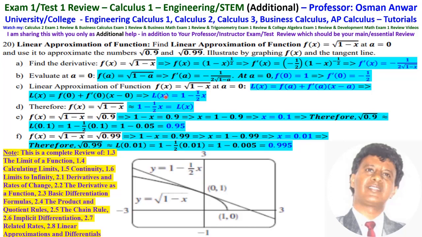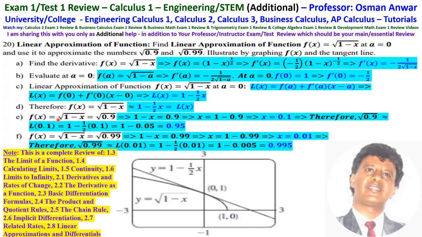Since f of 0 is 1 and f prime of 0 is minus half, L of x is equal to 1 minus half x. Therefore f of x equals square root of 1 minus x is approximately 1 minus half x, which is L of x.